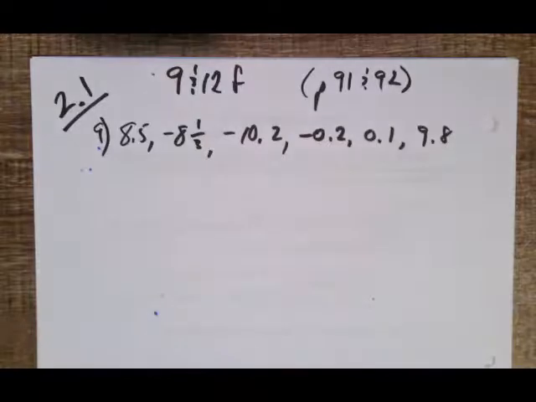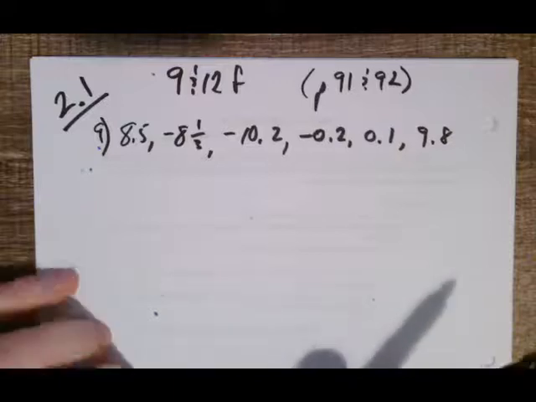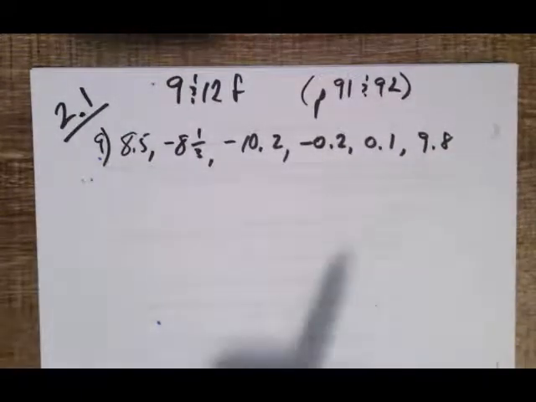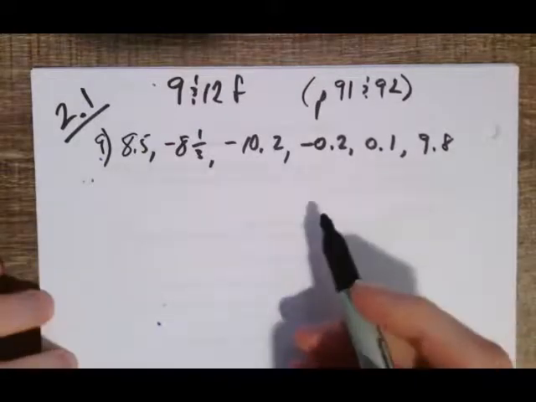Number 9 says, order the absolute values of the numbers in this set from greatest to least. Describe the strategy you used. All right, so it says order the absolute values of these numbers, so I'm going to rewrite these as absolute values.